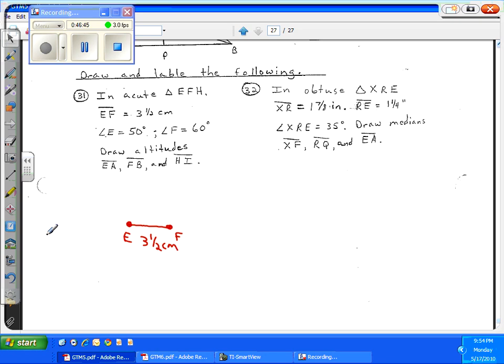You would measure the angle E at 50, so you'd set your protractor here, find 50, draw an angle. Then you'd do angle F, so you'd set your protractor there. You would find 60 this direction.